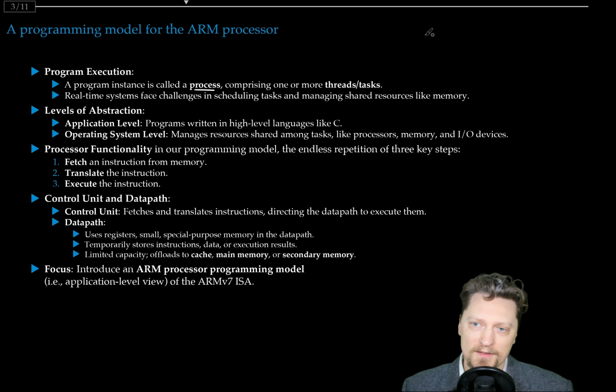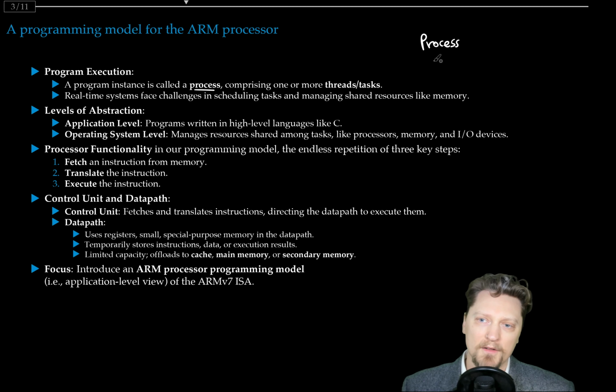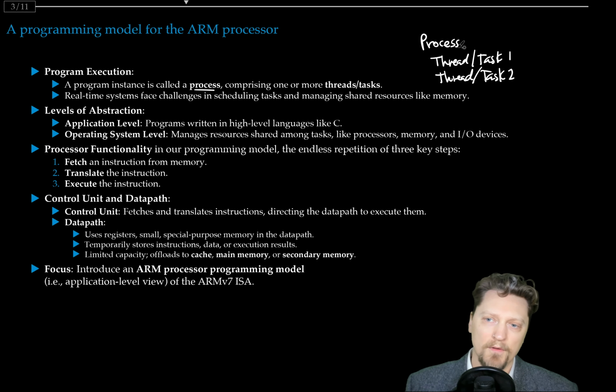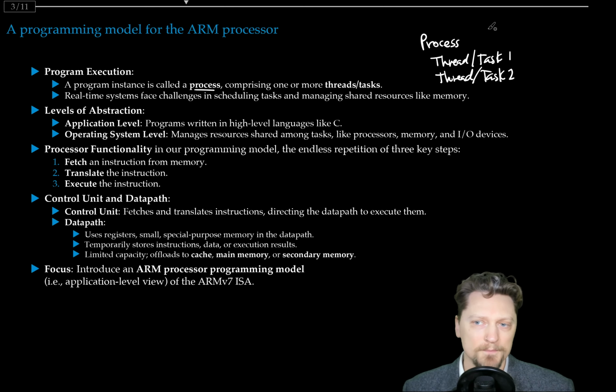So a process is here, and then you're going to have thread or task one, thread or task two. Thread and task are synonyms. Real-time systems face challenges in scheduling tasks and managing shared resources like memory.